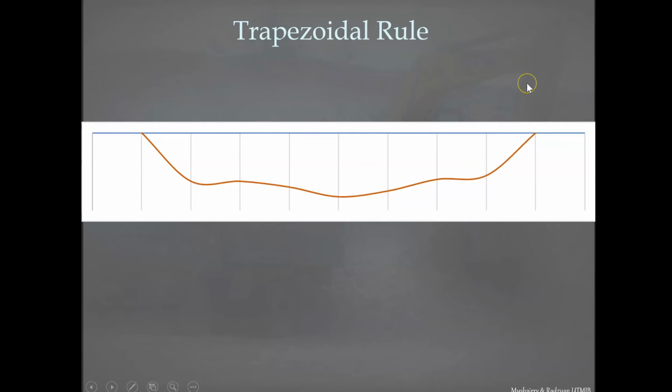To come up with the area in the trapezoidal rule, what we do is assume that the boundary is a series of straight lines, like shown in there.